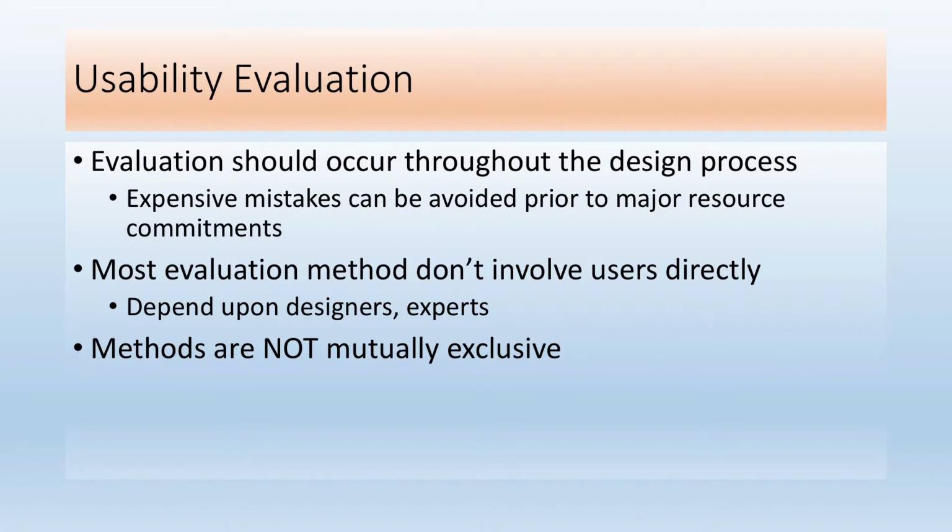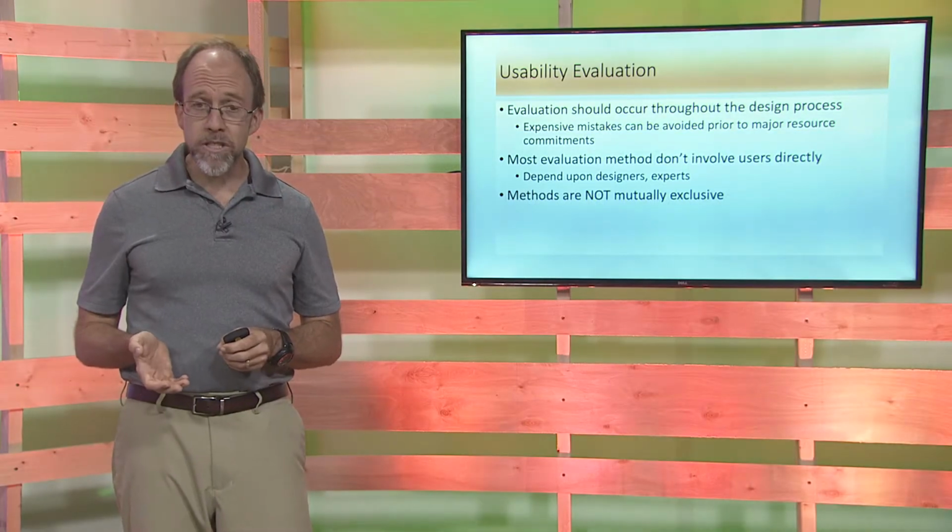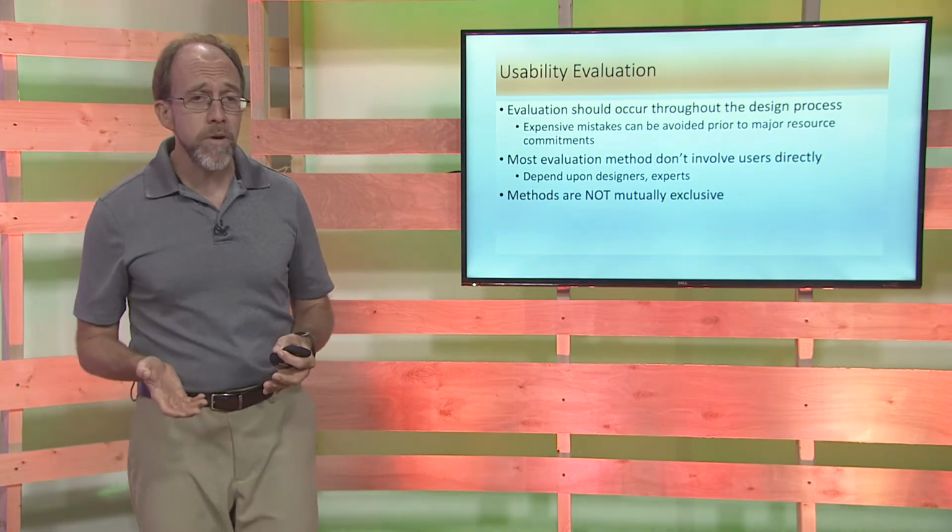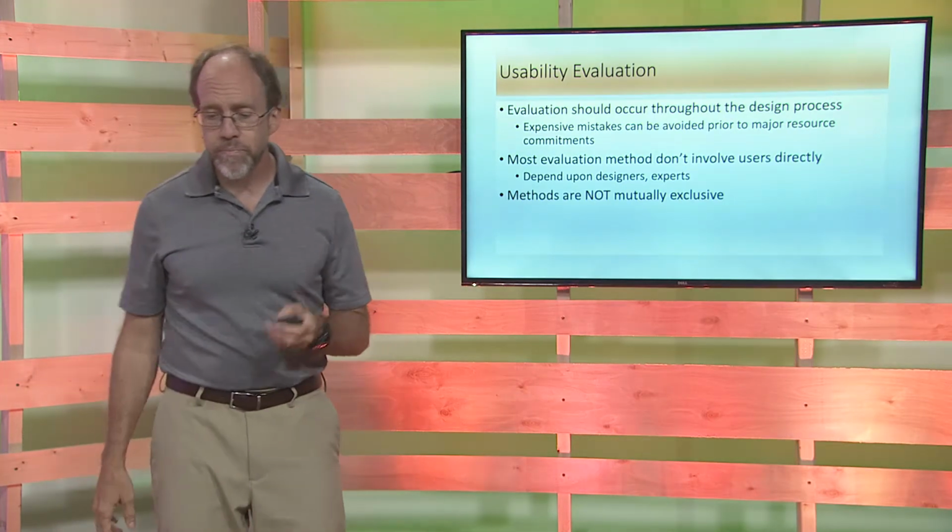And we've got lots of different techniques that you can do to perform this evaluation. And remember, we're really talking about getting good, solid quantitative data collected on a system so that we actually have documentation of the evaluation of the system. These techniques are not mutually exclusive. You can use multiple evaluation techniques to get the job done.